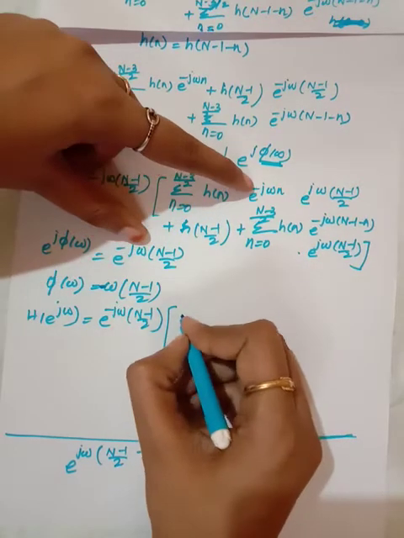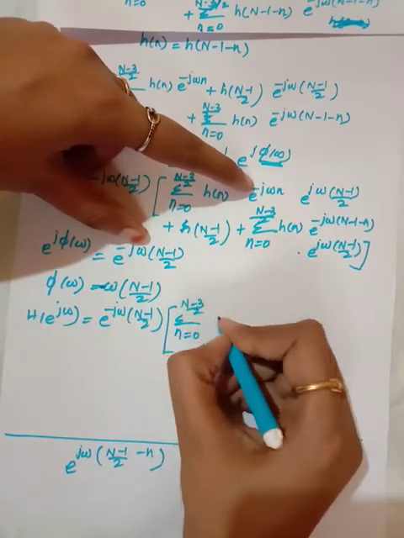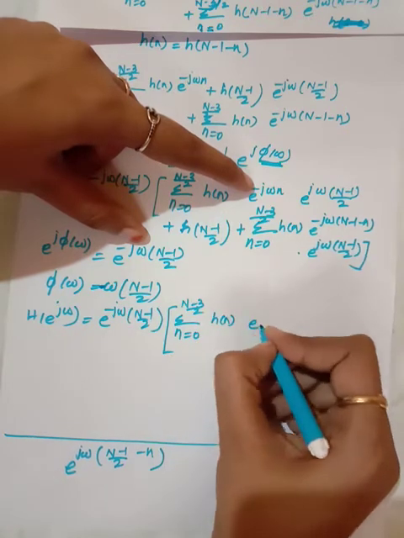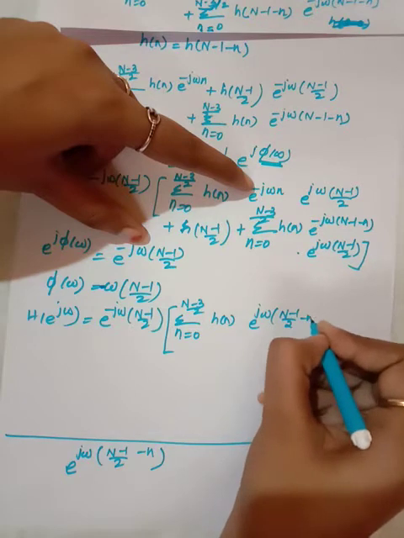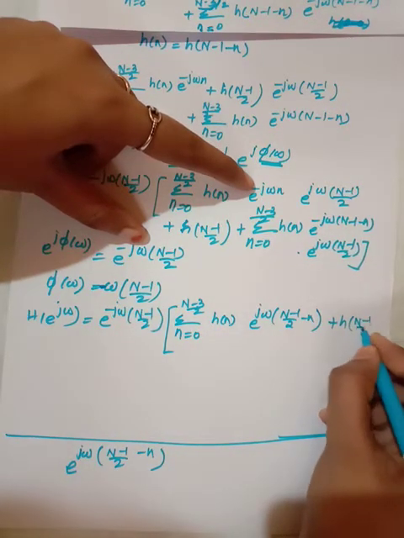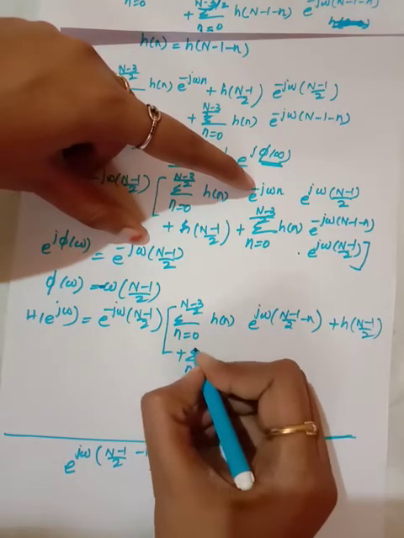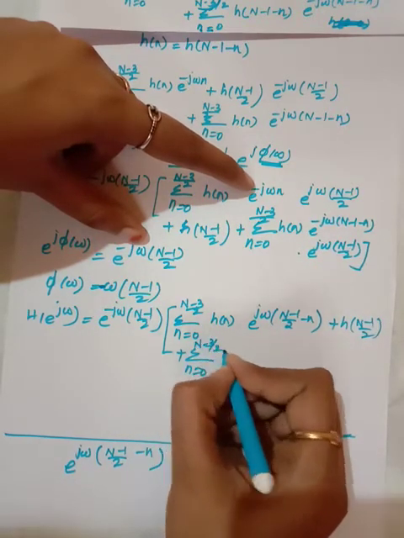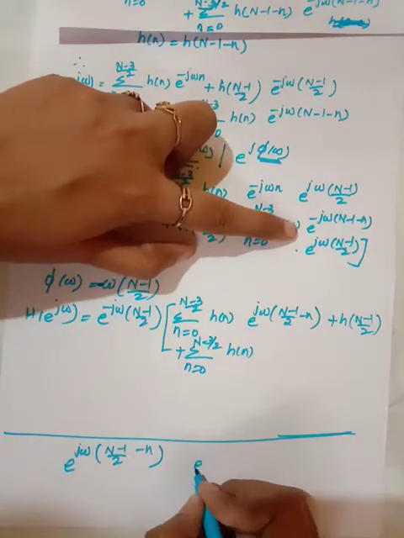So here I am representing this as summation n is equal to minus 3 by 2 of h of n e power j omega n minus 1 by 2 minus n, plus h of n minus 1 by 2, plus summation n is equal to 0 to n minus 3 by 2 of h of n. Similarly here I am going to take down the coefficient.